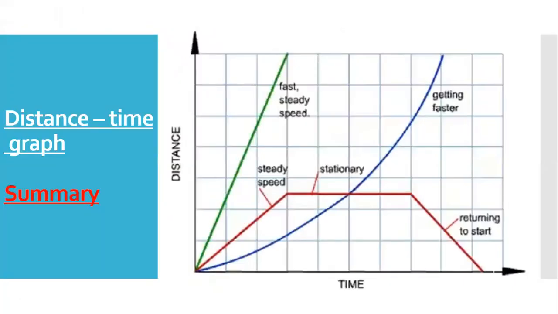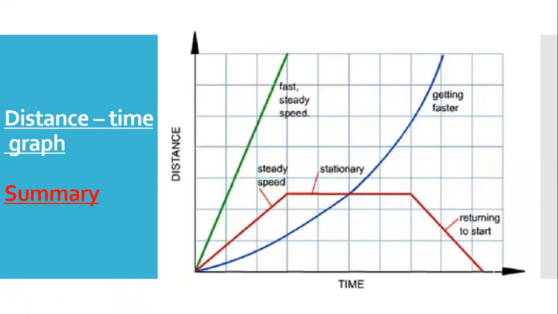This is the sort of graphs that we have been looking at, all the types of graphs we have been discussing. The green line shows a fast and steady speed of a moving object from point O. The O point is the starting point, the origin.